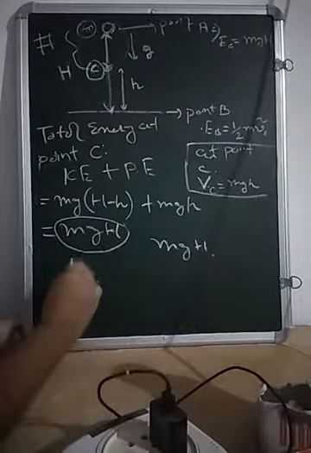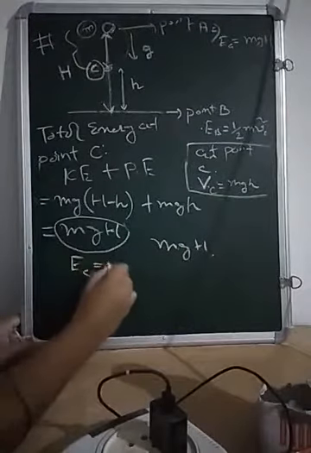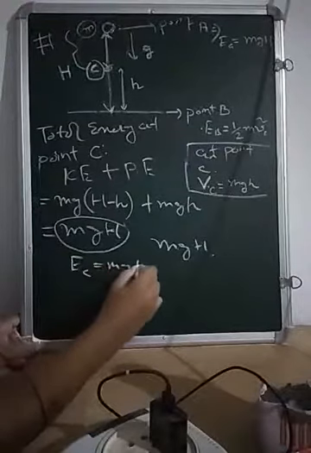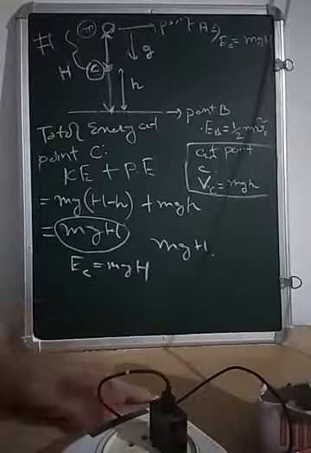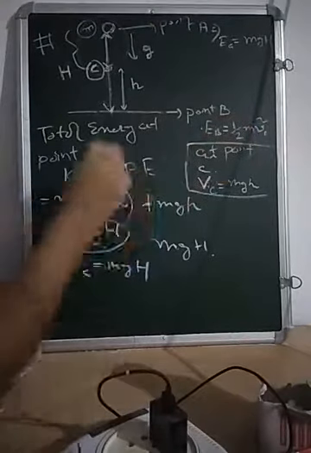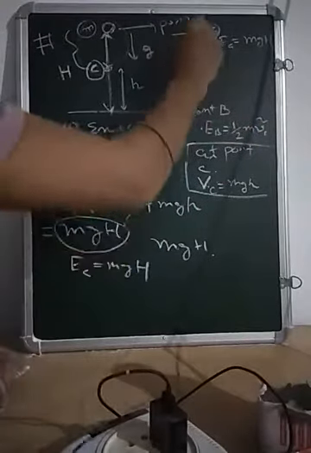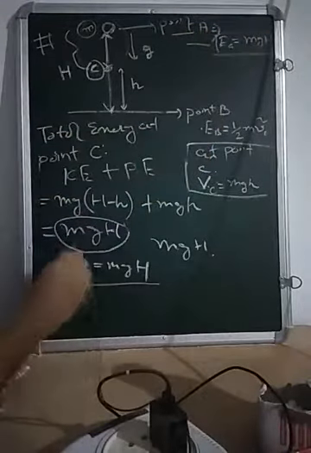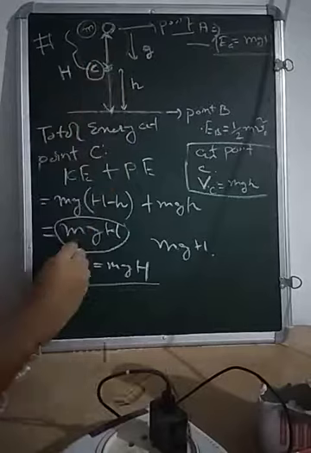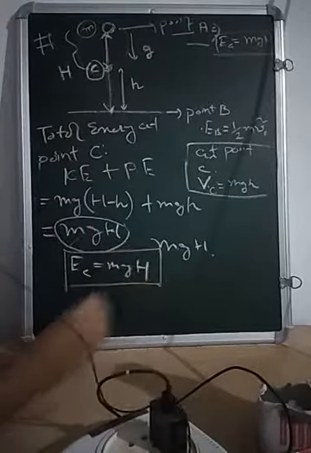So total energy at point C, E_C, is equal to mgH. Earlier we got that total energy at point A, E_A, is equal to mg into capital H. And total energy at point C is also mg into capital H.